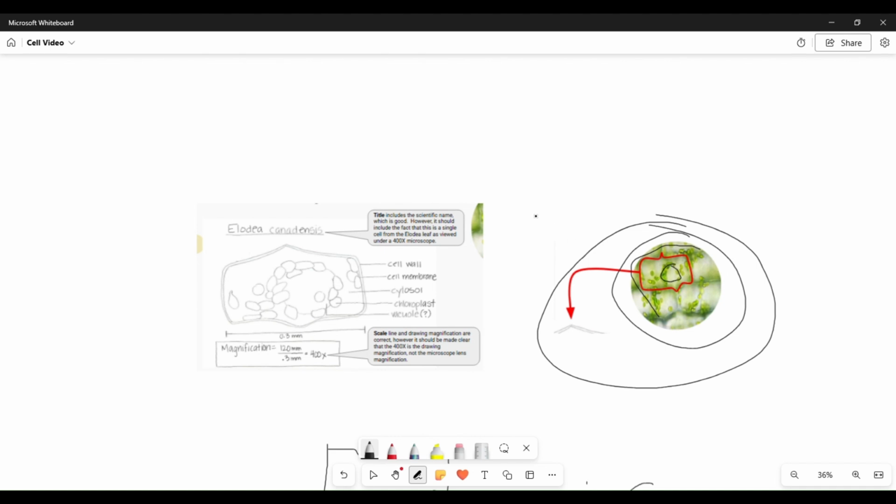And the cell walls, the cell membranes, the cytosol, and so on and so forth. This is everything they could see, so this is everything they put. Nothing extra and nothing less. They also included the magnification, even though they could be more specific, as said in the annotation. Same with the title, they could be more specific. But other than that, the drawing is good. And it's probably better than anything I could draw.